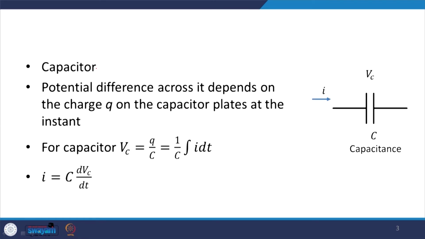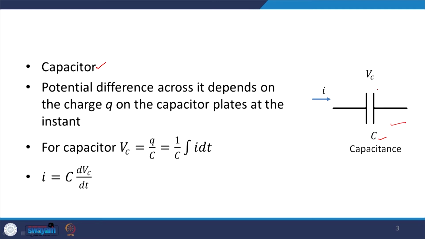The next building block is the capacitor. There is a capacitor of capacitance C. The current through it is I, and Vc is the voltage across the plates. The potential difference across it depends on the charge on the capacitor plates at that instant.